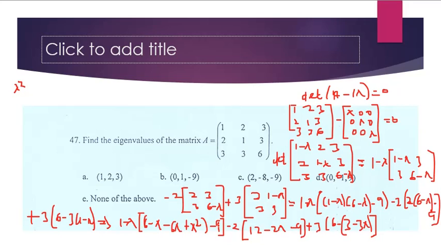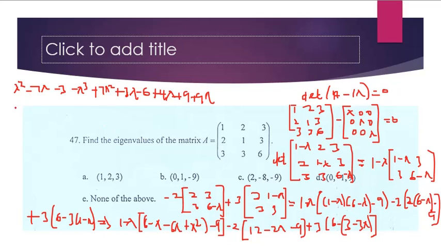From this expression we have lambda squared minus 7 lambda, and then minus 3 minus lambda cube, plus 7 lambda squared, and then plus 3 lambda, minus 6, plus 4 lambda, plus 9 lambda. That's from here.